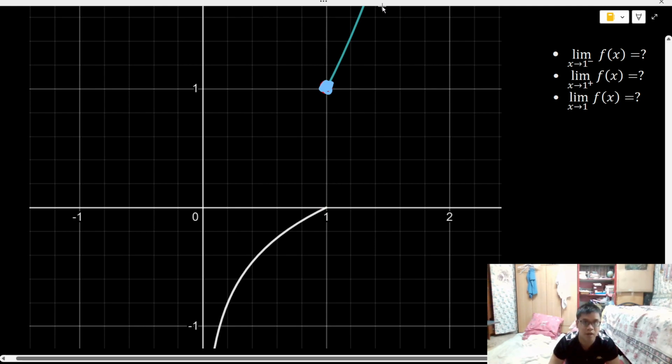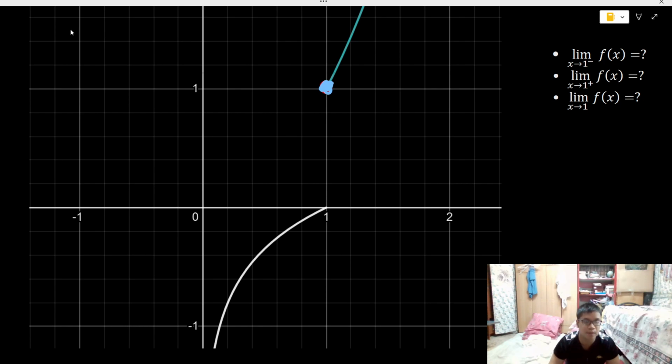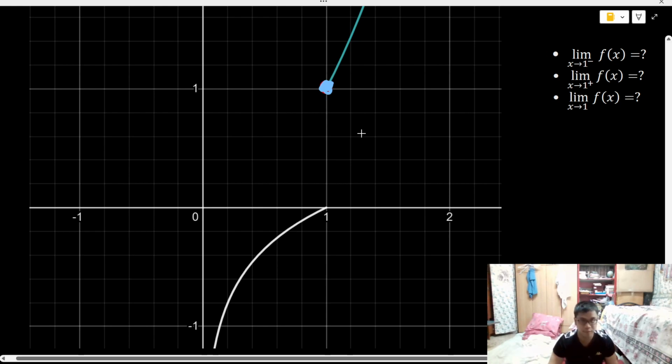Let me insert a circle here because I would like to draw a hole. And you remember that a hole represents what? A hole is basically undefined. But if it's shaded, it is defined, just like this one.